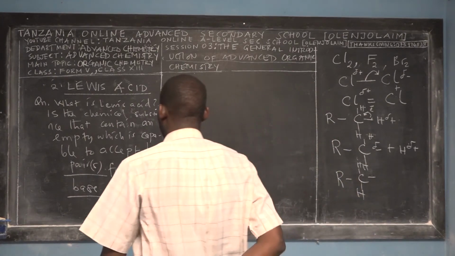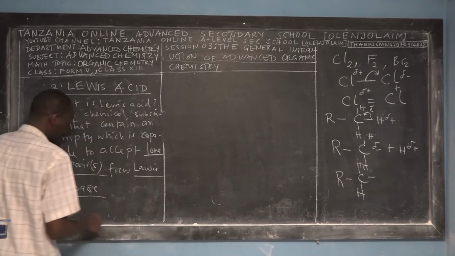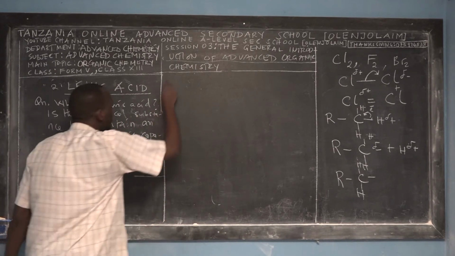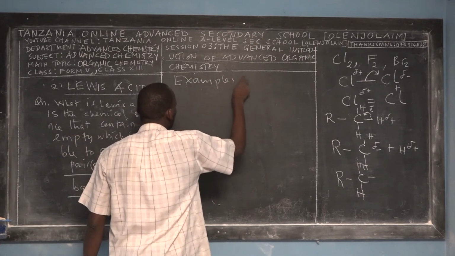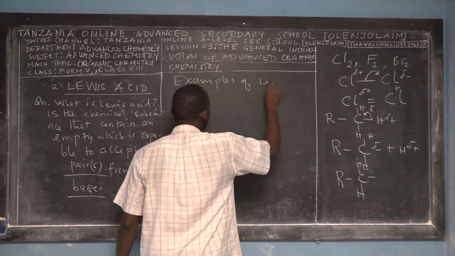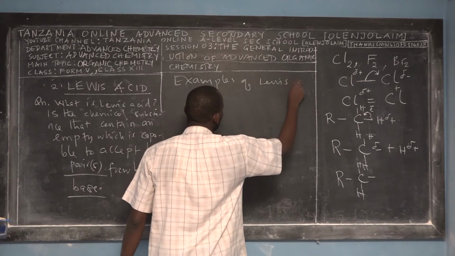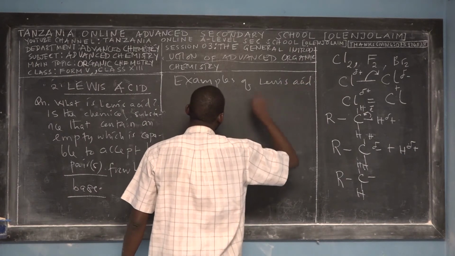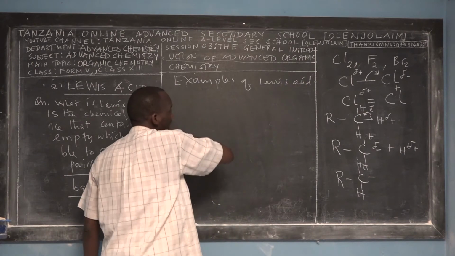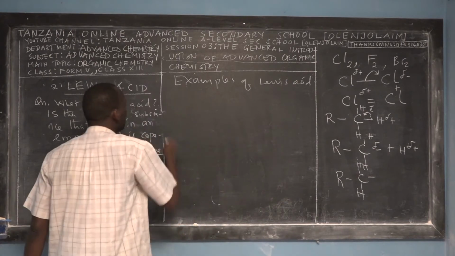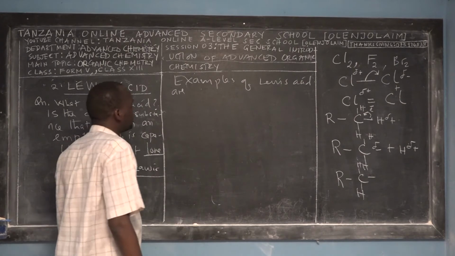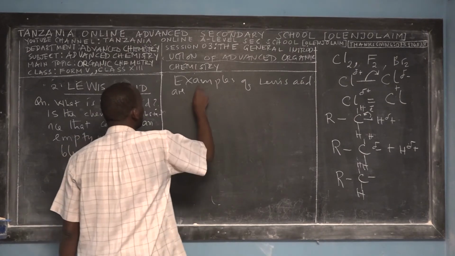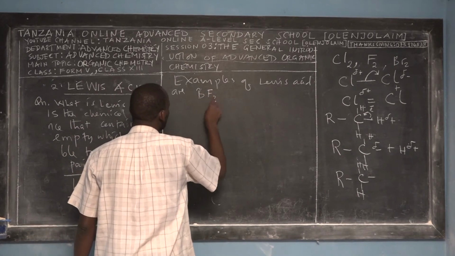So what are the examples of Lewis acids? Mention at least 10. The first example is boron trifluoride.